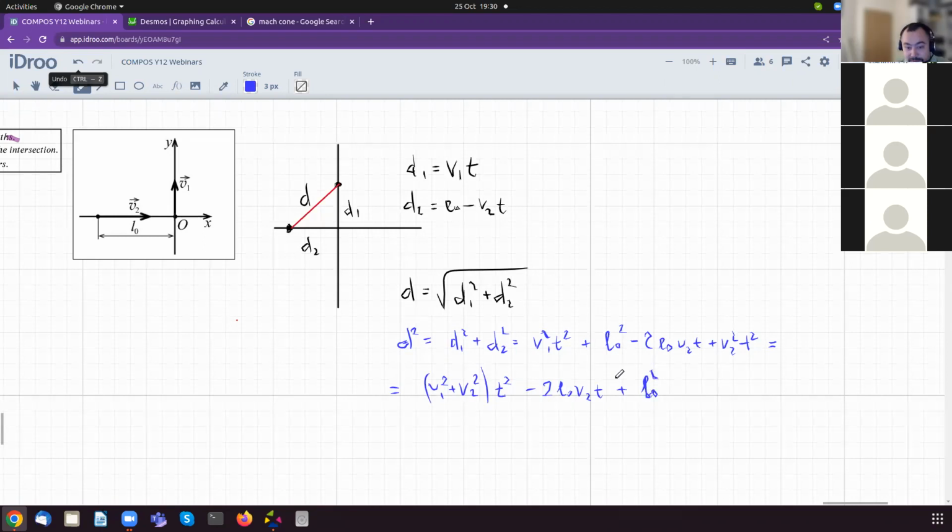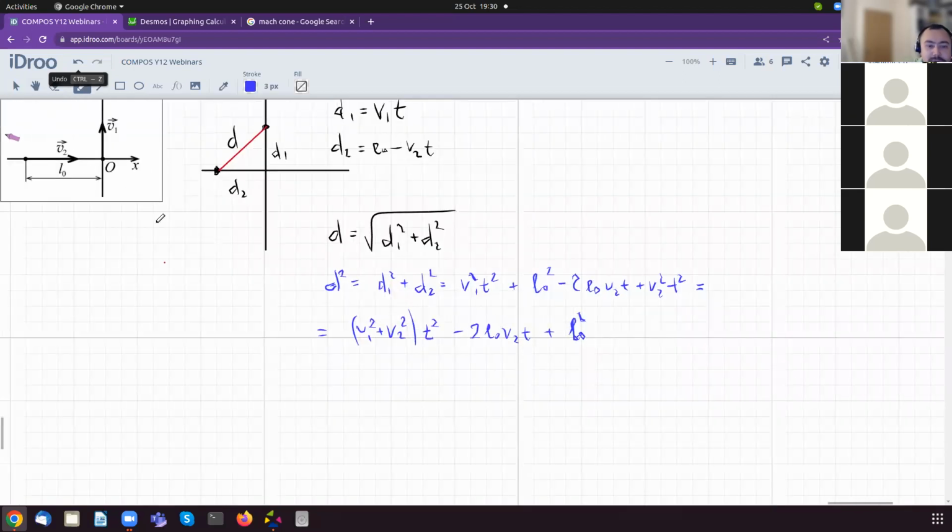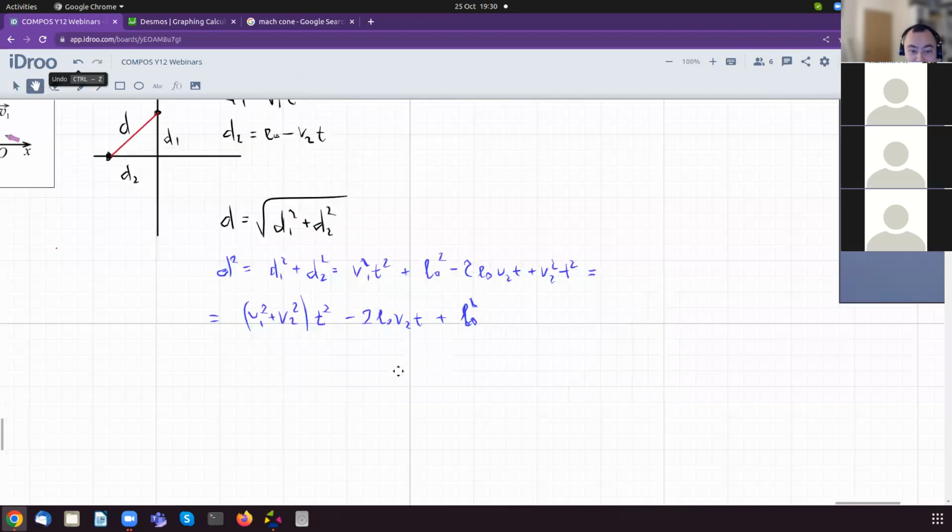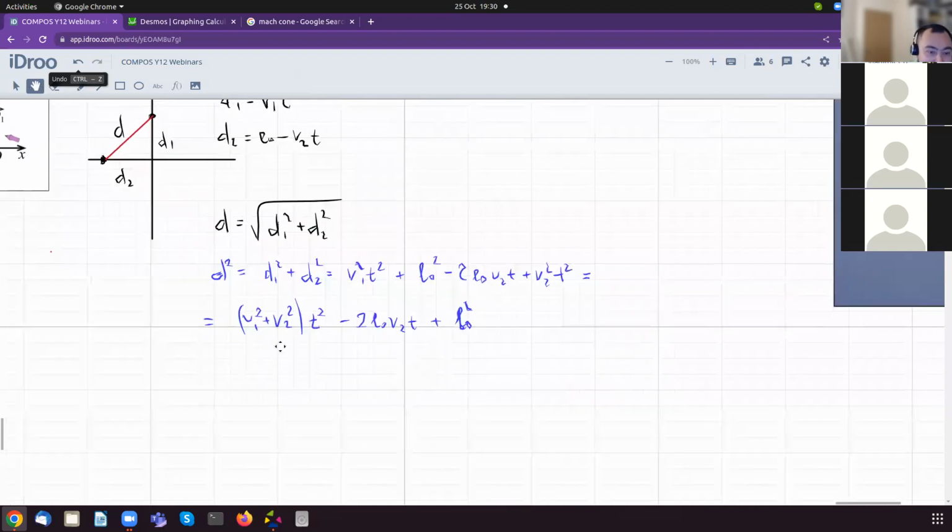Now, I'm really tempted to do differentiation here. And maybe that is the best way, although I did ask you not to do differentiation in that particular problem. This is a quadratic, and to find the minimum value of the quadratic, you need to complete the square.